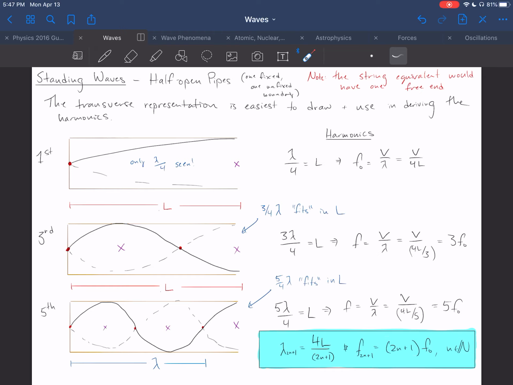The fundamental frequency is just 0 plus 1 times f naught. And then for n equals 1, notice that we plug n equals 1 in here. We get 3 times f0 is equal to f sub 3. So the third harmonic frequency is equal to 3 times the fundamental frequency, and likewise for our wavelength equation.